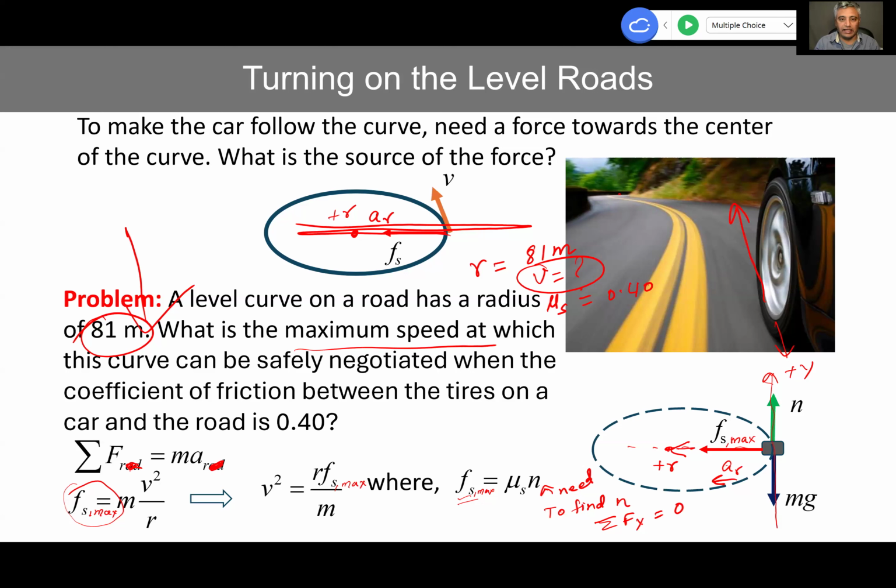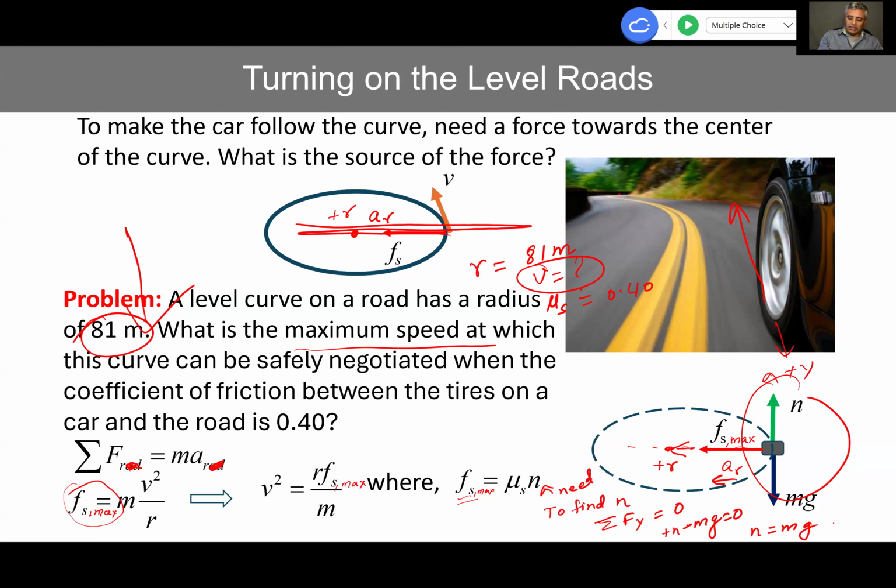The car is not flying in the air in the vertical direction, right? So for the sum of the forces, there are two forces, N positive, mg negative. They are basically balancing each other, means their values must be the same.